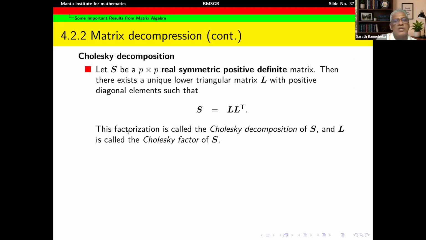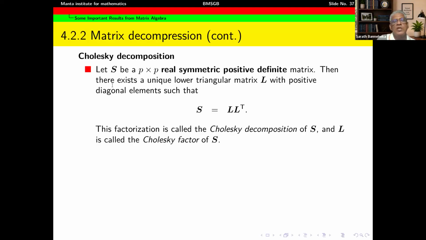Right. So now let us look at another useful decomposition that is called Cholesky decomposition. Right. Now here we are considering S to be a real symmetric positive definite matrix. In the previous situation, we didn't have that positive definite part. We considered any real symmetric matrix, but here the Cholesky decomposition can be found only if the matrix is real symmetric positive definite.